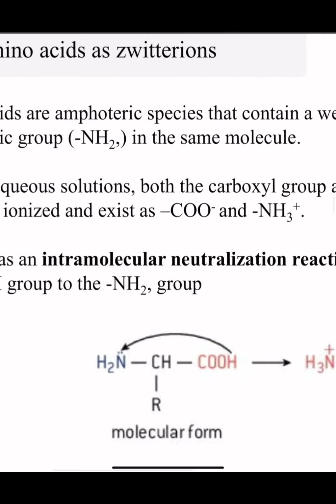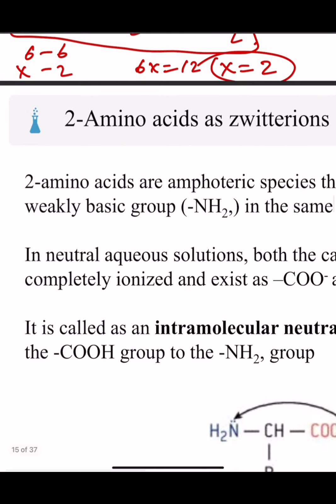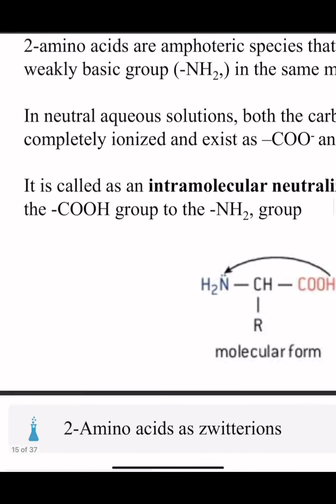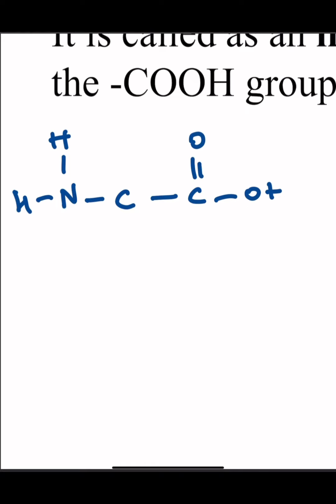Now, about amino acids. The reason we call them amino acid is because of the structure of amino acid, which is like this. We got on this side NH2, and on this side I will have COOH.